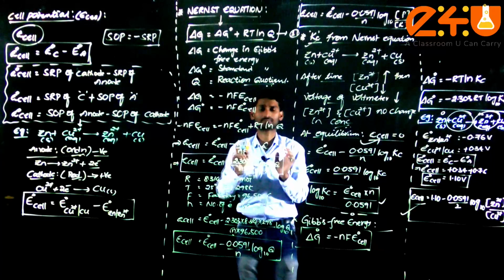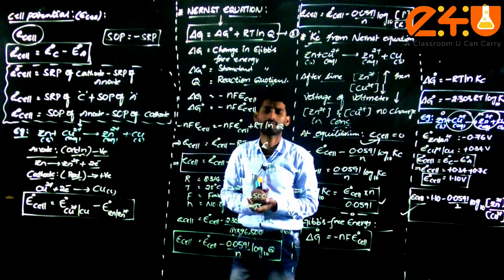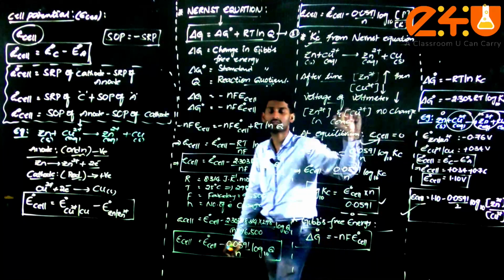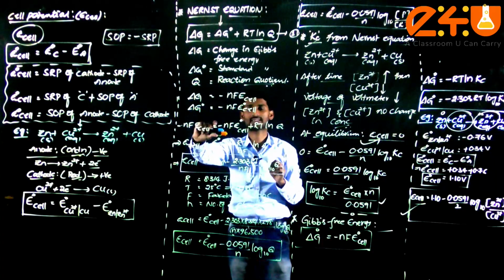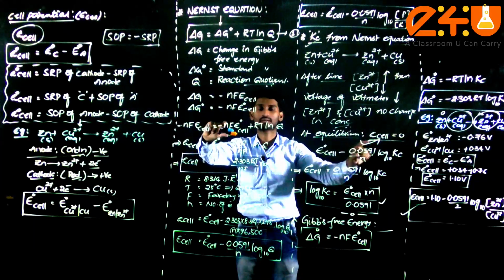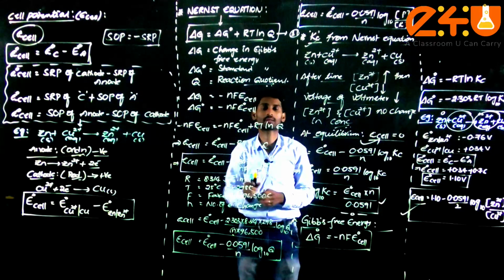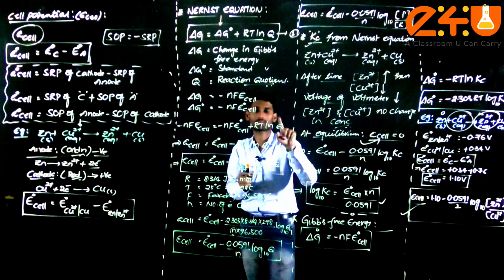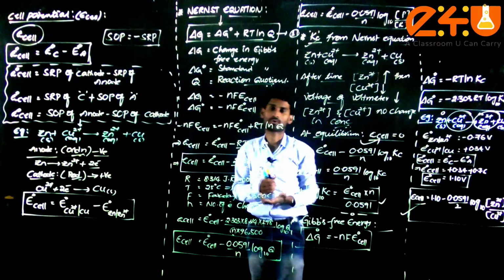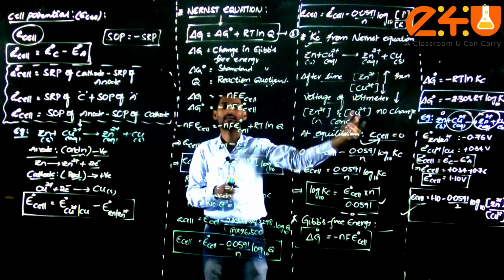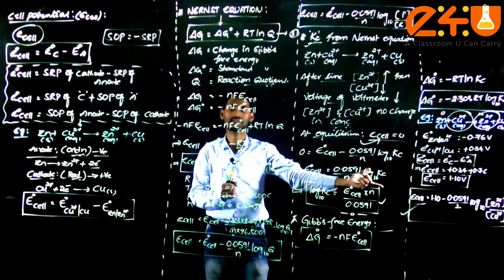In an electrolytic cell, dear students, the anode is represented as positive, whereas the cathode is represented as negative. Oxidation takes place at the anode as usual, and reduction at the cathode. The electrolytic cell is only applicable for non-spontaneous reactions, that means the ΔG value becomes positive. But in a galvanic cell, the ΔG value becomes negative, that is a spontaneous reaction.